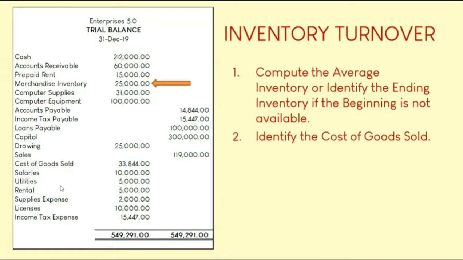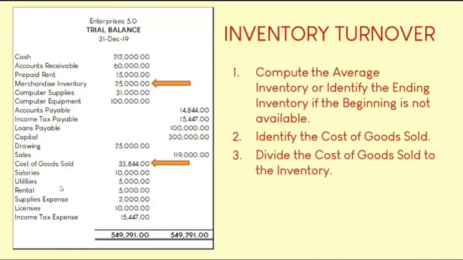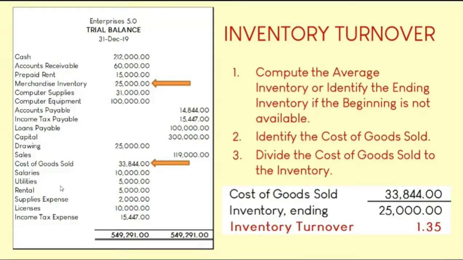Then we identify the cost of goods sold. We have 33,844. After that, we divide the cost of goods sold by the average inventory, or the ending inventory. So 33,844 divided by 25,000, we have an inventory turnover of 1.35.